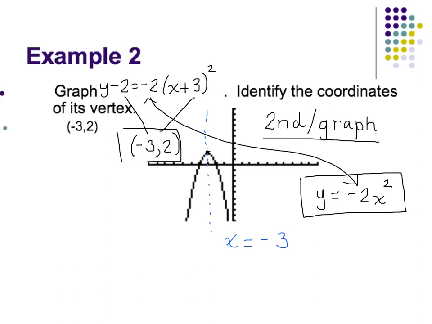As I said in the previous example, an equation that's in the form y equals ax squared will always have a vertex at 0, 0. So if we ask how are these graphs related, we can say that this one is a translation of the y equals negative 2x squared, 3 units to the left, so h would be negative 3, and 2 units up, so k would be positive 2.